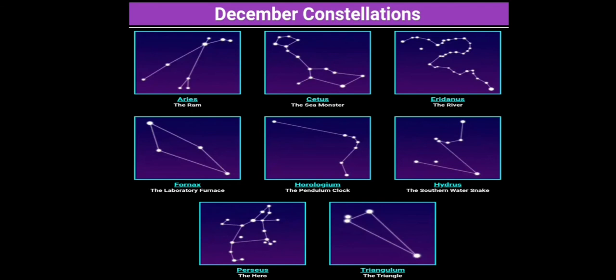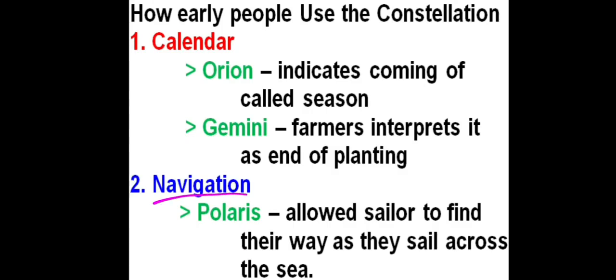They used them as calendar and for navigation. As calendar, for example, Orion. Orion indicates the coming of cold season. So if Orion becomes prominent in the sky during nighttime, that would mean cold season. Another one is Gemini.